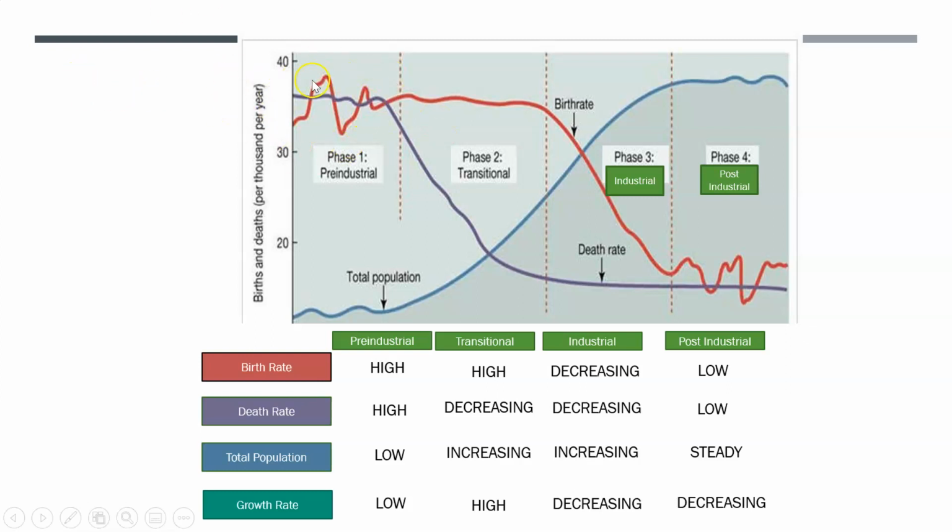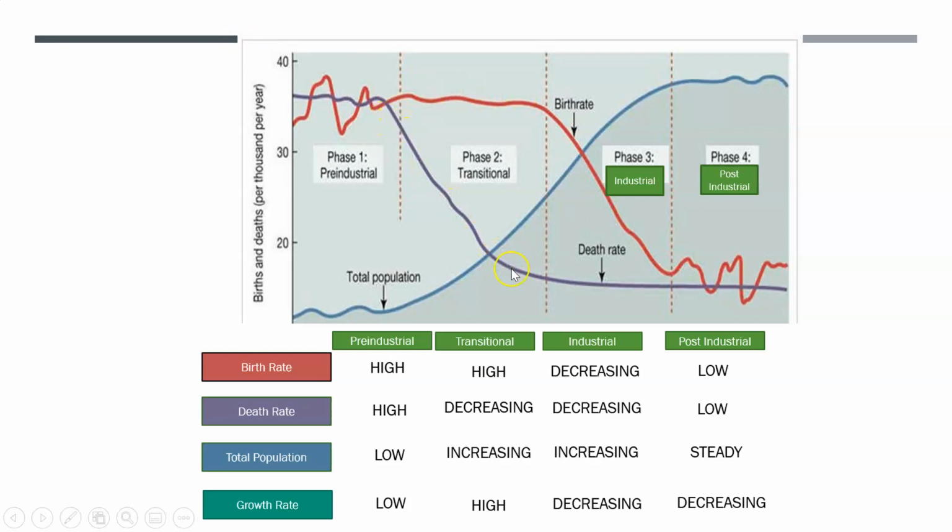Many people report that they don't think any countries are currently still in phase 1, except for maybe some remote tribes that haven't begun to industrialize. What we see when we move into phase 2 is that our birth rates remain high. So these are still countries with children for farming or children that die early or countries that don't have family planning.